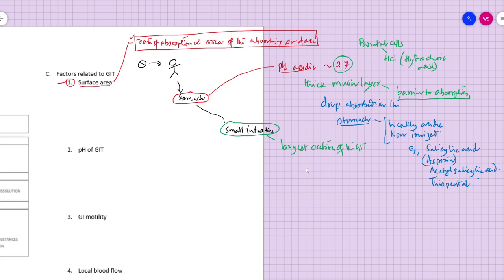Okay. So it's not the largest, it's the longest. Okay. Longest section of the GIT. So the first 20 to 30 centimeters, we call it the duodenum.